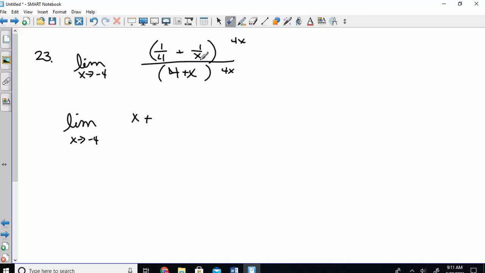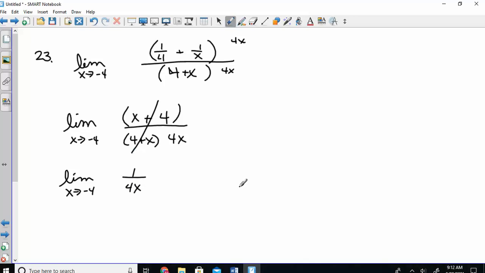So 1/4 times 4x will give me an x. 1 over x times 4x gives me a 4. Now what happens? x plus 4 and 4 plus x cancel. And now you can plug in. Anything else?